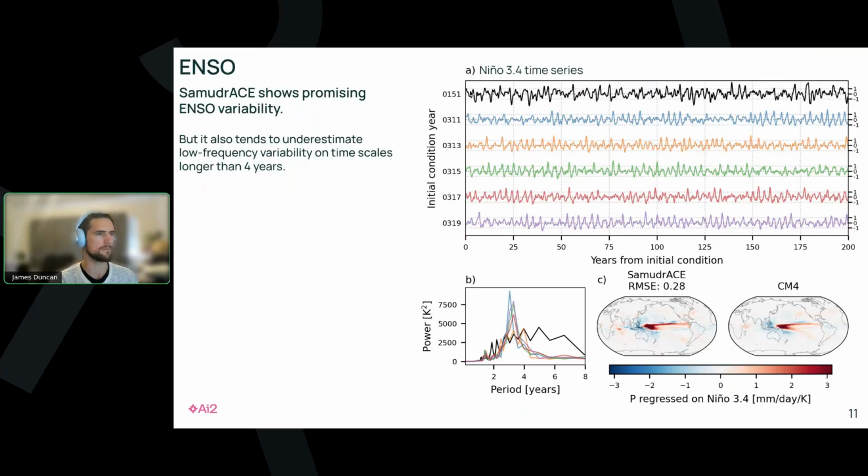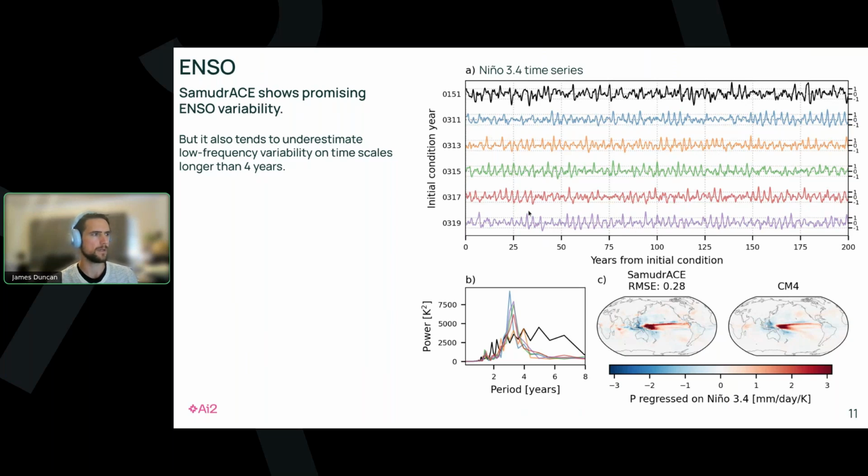This is something similar to SST anomalies in the Pacific, averaged over a particular region. You can see that CM4 has a good amount of variability over time over the 200-year simulation. And SamudrACE is able to realistically capture much of this variability.